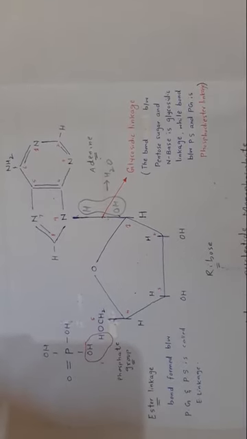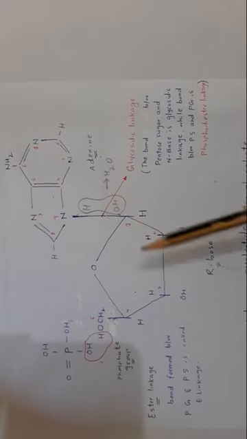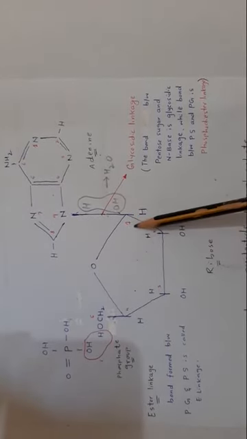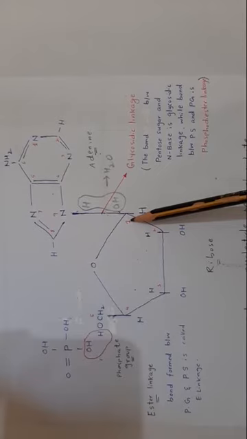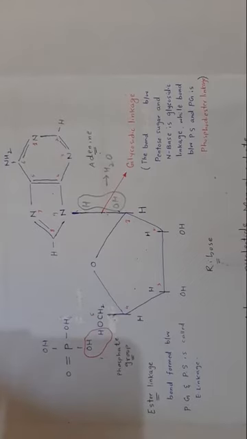Remember that in a nucleotide, the nitrogenous base is attached to carbon number 1 of the pentose sugar, while the phosphate group is attached to carbon number 5 of the pentose sugar.